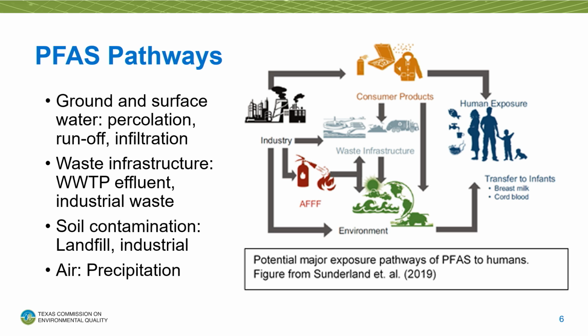It can go straight to the environment and human exposure, or to waste, then environment, and then human exposure. And another big one is aqueous firefighting foams. Those are seen around airports and military facilities. That's another PFAS contaminant. It can go to waste and eventually the environment, and then to human exposure, or just into the environment and then human exposure.